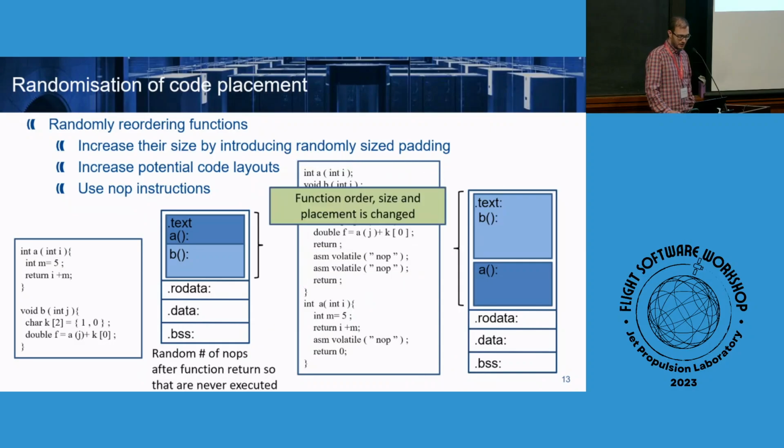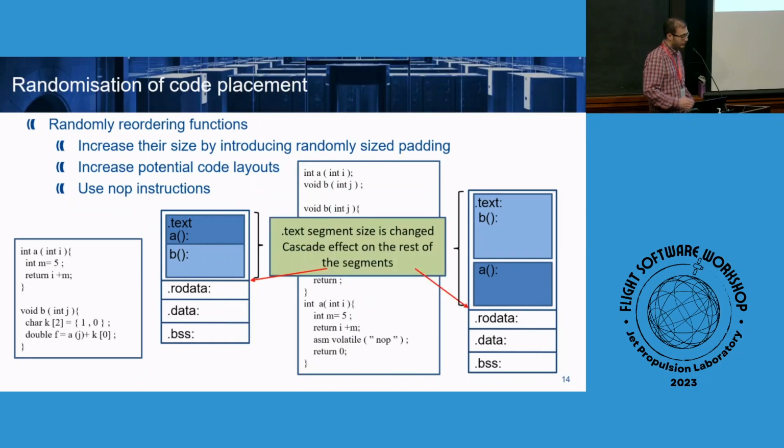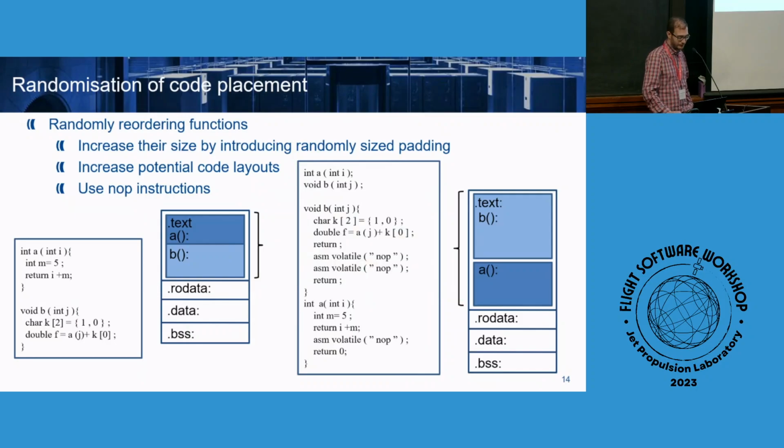And this creates a different order in the binary, as you can see on the right. And also the padding changes the size of each function. And this can also change the size of the entire segment. So this can have a cascade effect in the following segments as well.